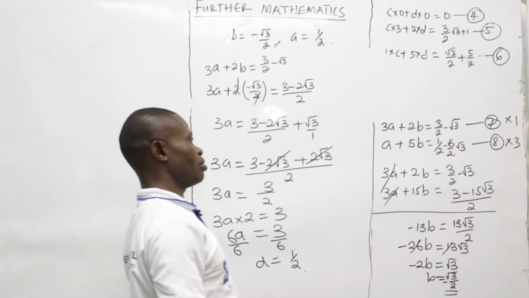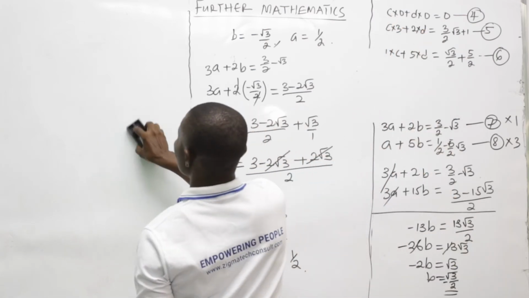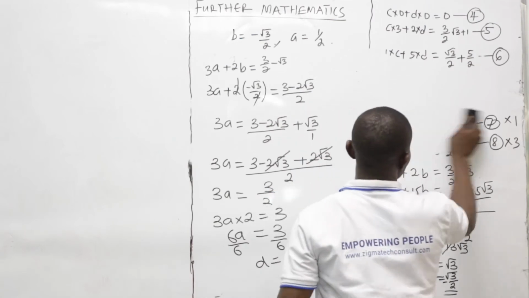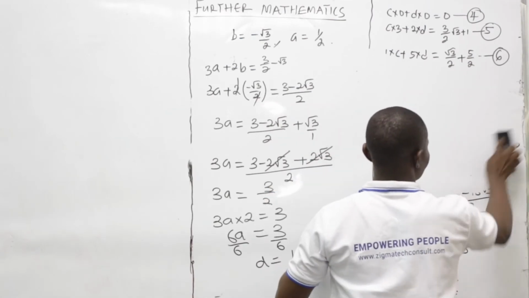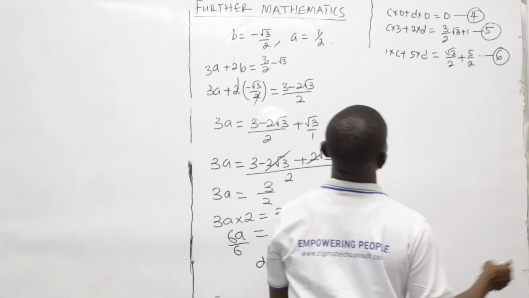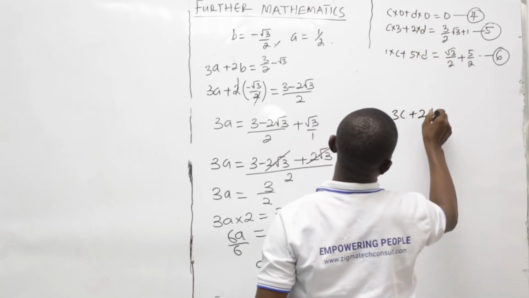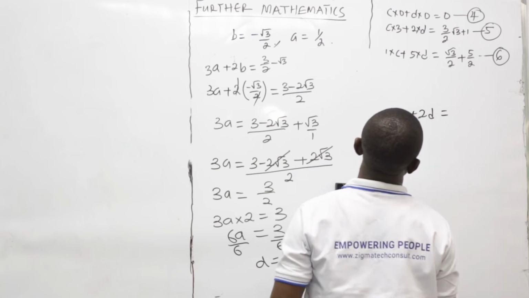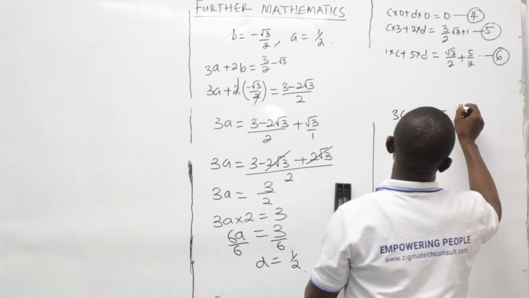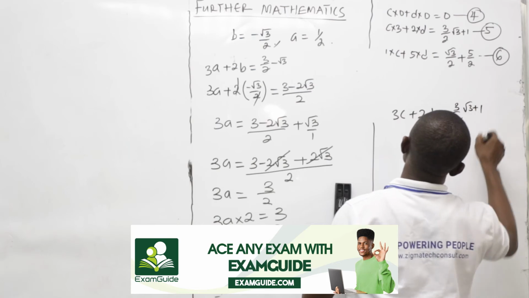Okay? Now, it is time to solve for C and D. Solving for C and D, we're going to have that 3c plus 2d equals (3√3 over 2) plus 1.